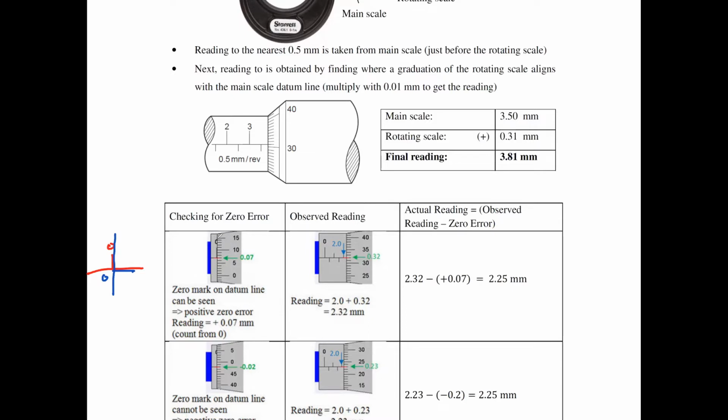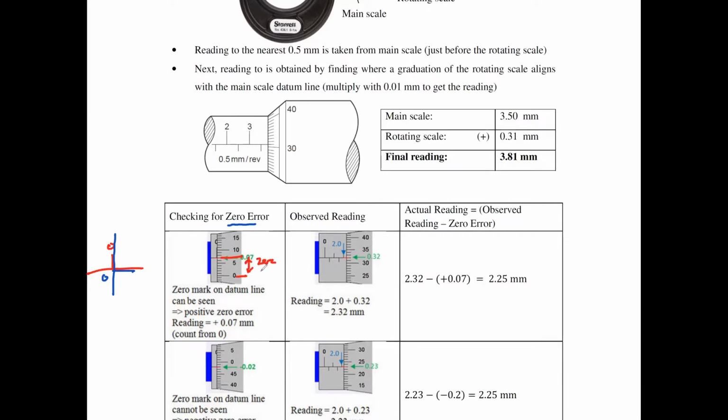But right now, what you see is that when you have fully closed your micrometer, this is the 0 of the main scale, but the 0 of your rotating scale is nowhere aligned to it. It's somewhere away. This is already an indication to you that there is zero error. If you want to find out the amount of zero error, it is actually this portion here.